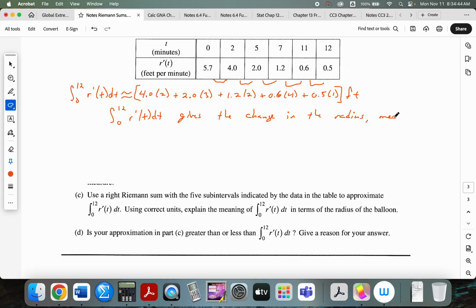It said use units. From time t equal to 0 minutes to t equal to 12 minutes.